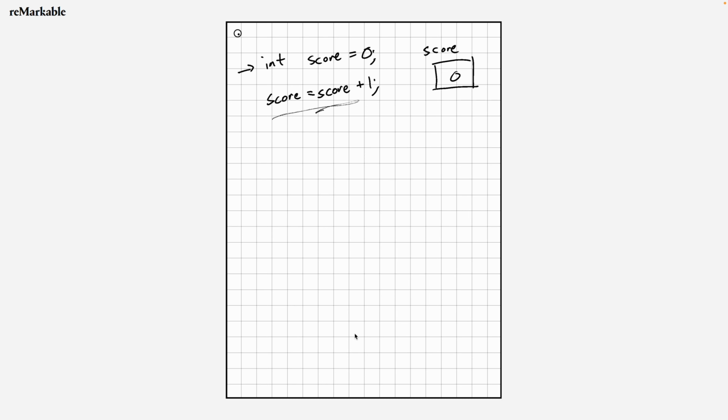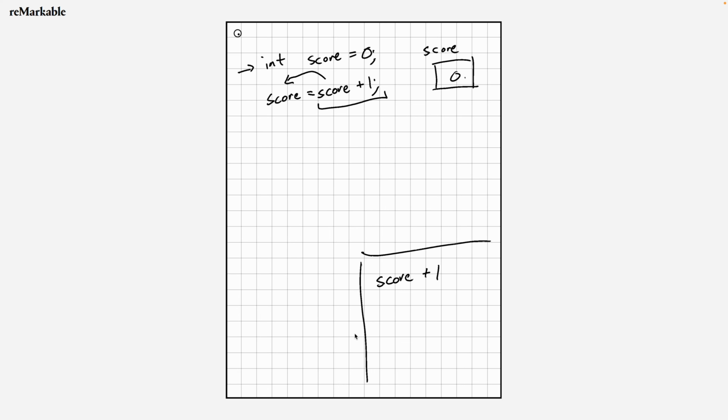this does not look like a valid equation because it's not an equation, right? This is not math in that sense. This is an assignment statement. So score equals score plus 1. We evaluate this expression, and then we put that result into the variable. So in our little scratch paper, score plus 1 is a pretty simple expression to evaluate.